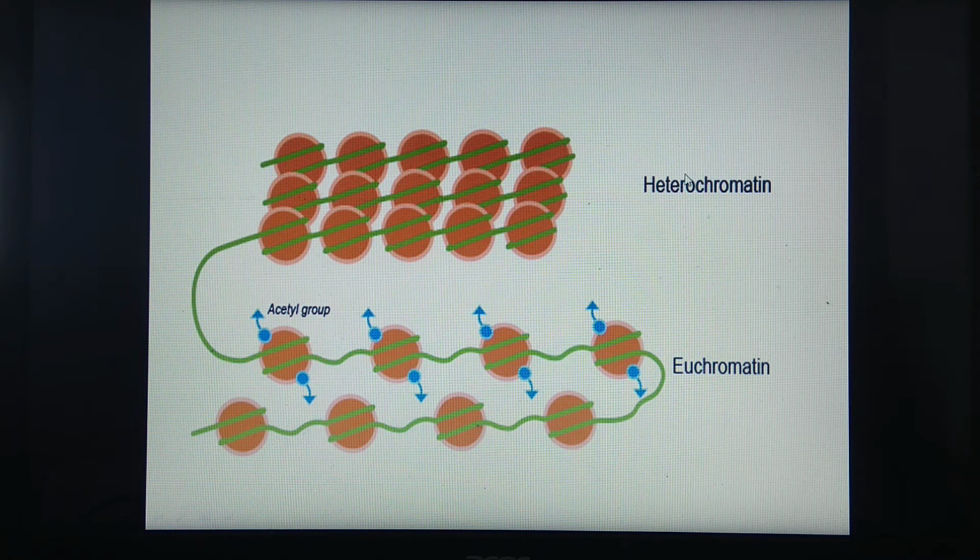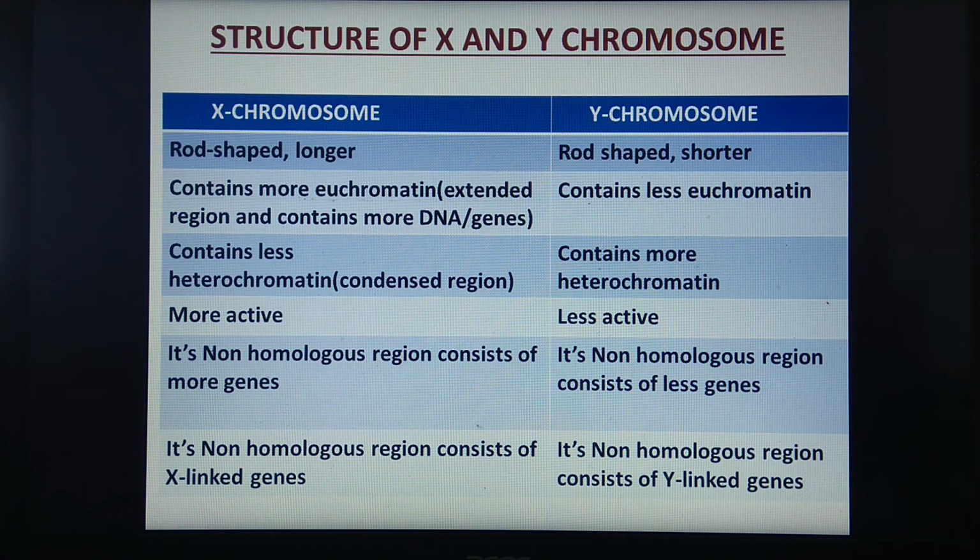What is the condition in case of heterochromatin? The histone octamers are nearer to each other and they are wrapped by the DNA strand. So this extended part of the chromosome is called euchromatin, and this condensed part of the chromosome is called heterochromatin. What is the condition in case of X chromosome? X chromosome consists of more euchromatin.